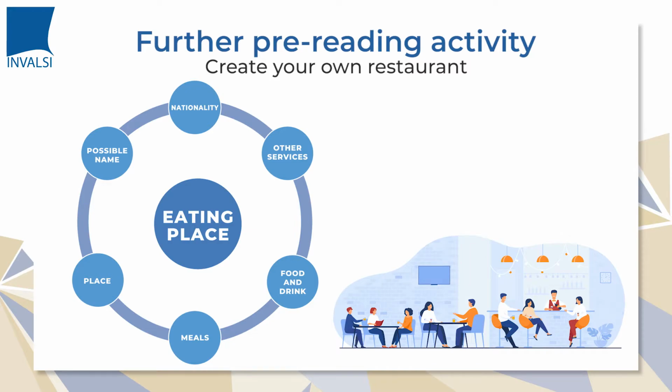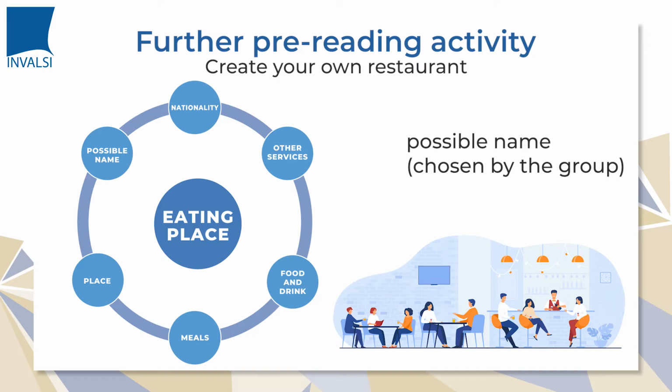They now invent an eating place and write the nationality, Italian, Chinese, Greek, the place, a pub, a cafe, a pizzeria, the food and drink, pizza, sushi, lemonade or Coke, the meals, breakfast, lunch or dinner, other, music, takeaway, elegant, casual, possible name chosen by the group.